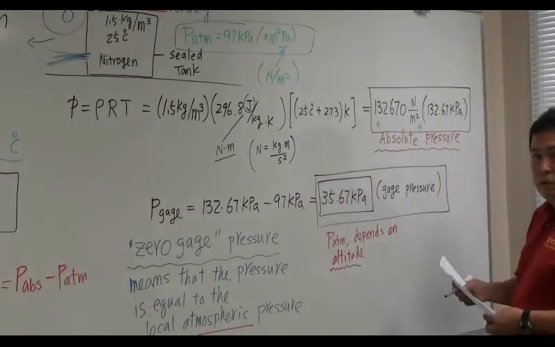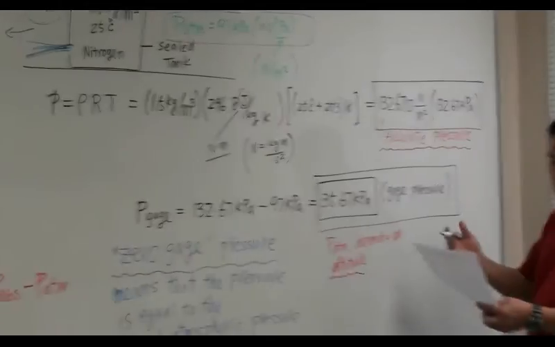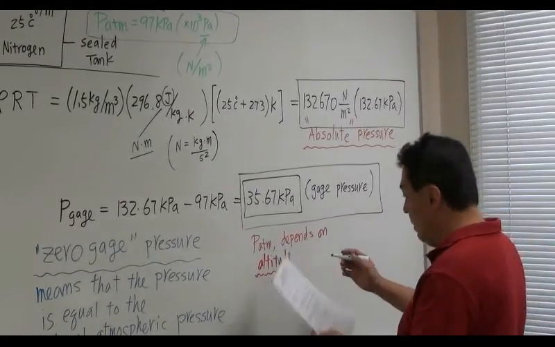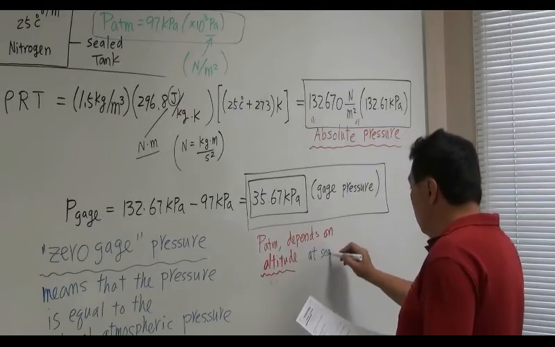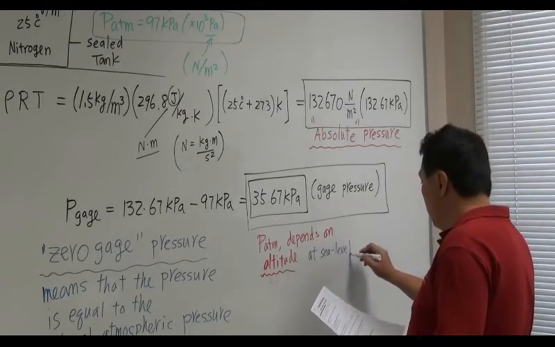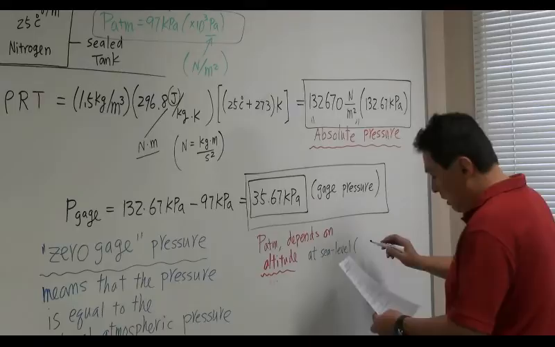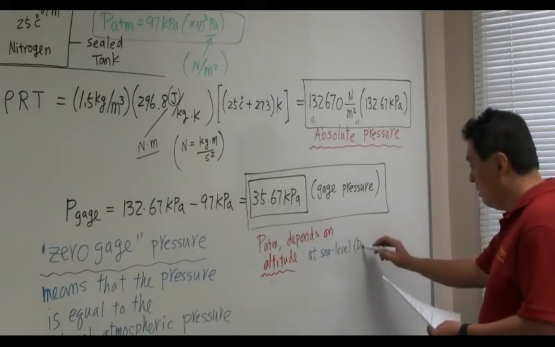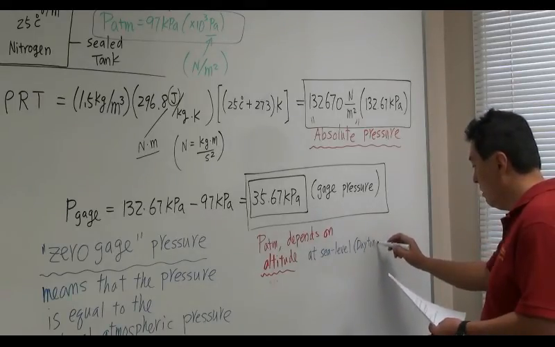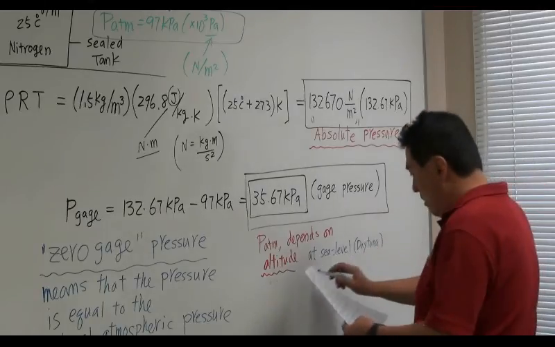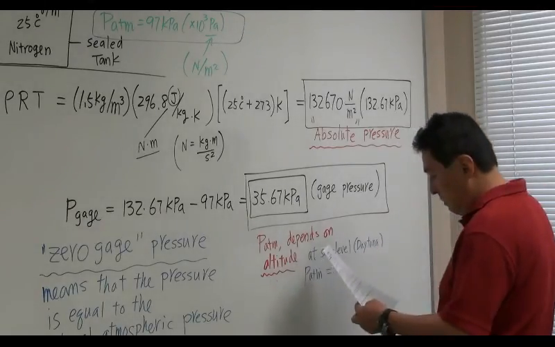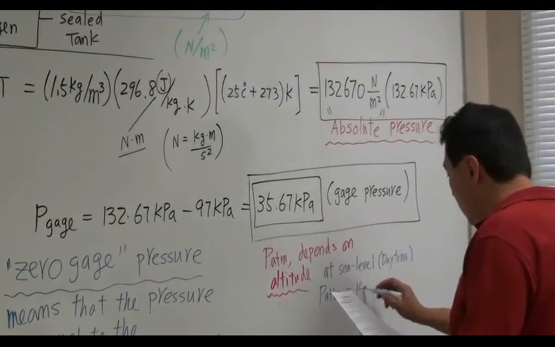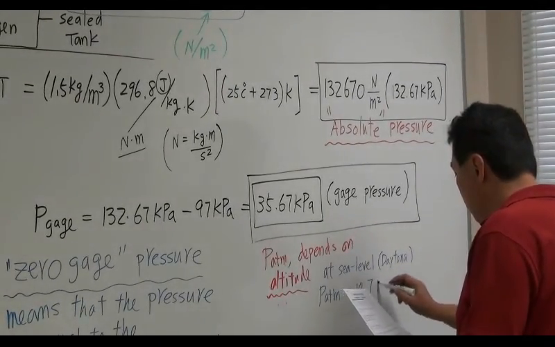Let me give you some examples. Typical value, usually called US standard atmospheric value, at sea level, maybe Daytona Beach campus, P-ATM is typically 14.7 psi.